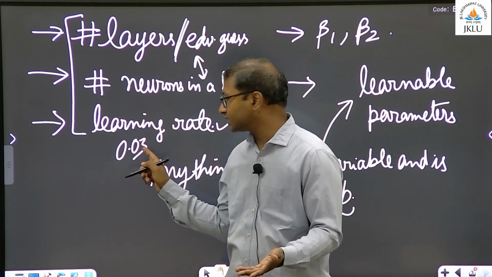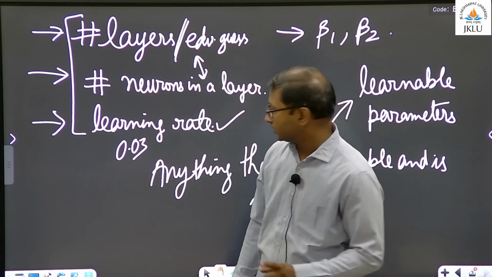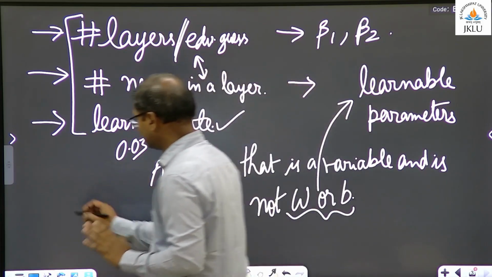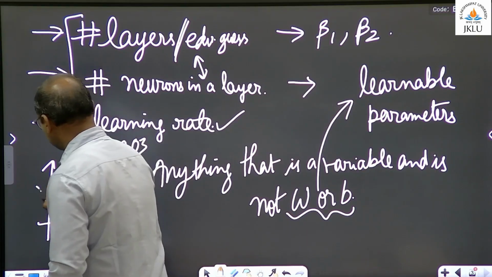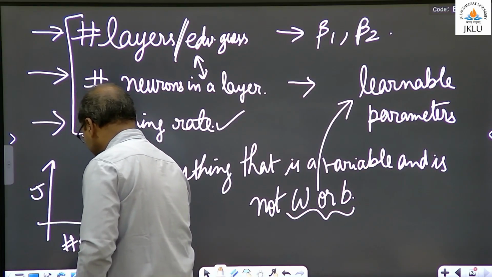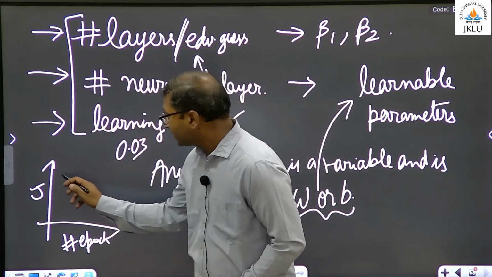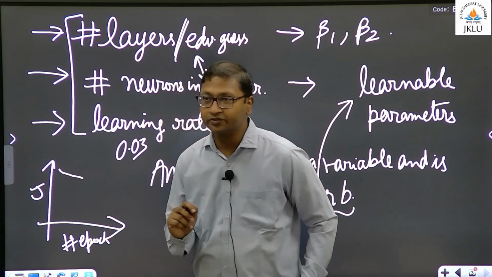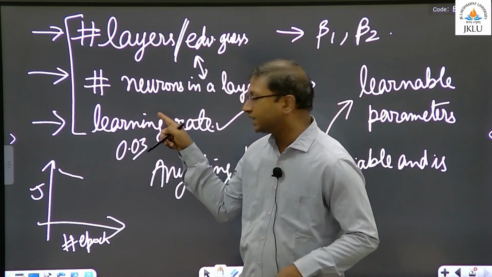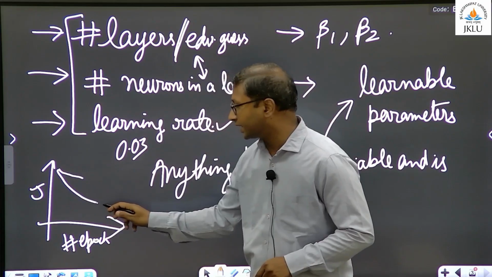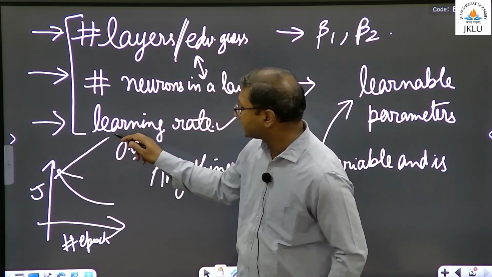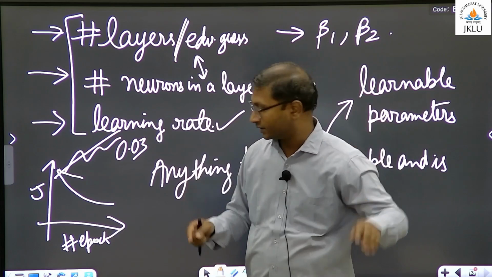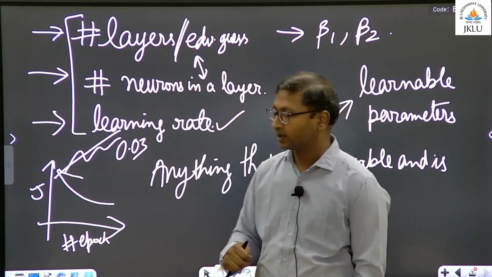As a machine learning engineer, you have access to only one plot, which is J versus epochs or training iterations. Now, if you have something like this, what will you infer? I should probably increase my learning rate so that I go something like this. Now, if you go something like this or something like this, decrease it, because you are probably overshooting, and so on.